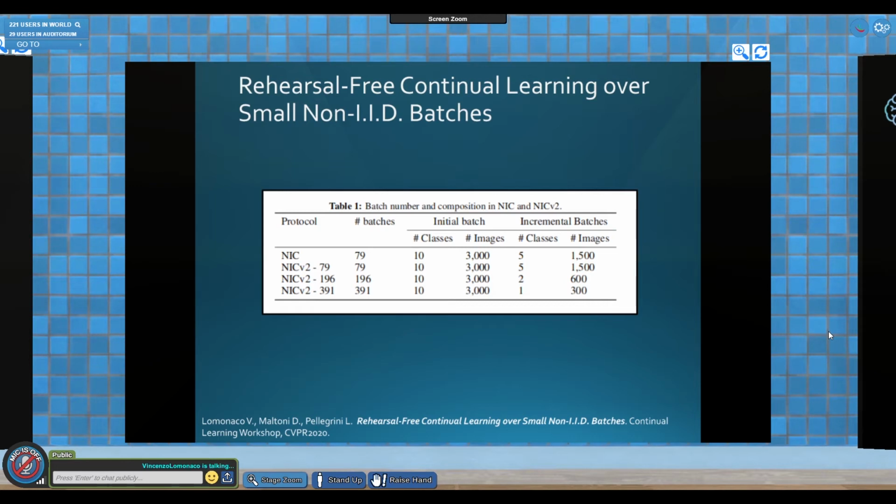So the most difficult one here is the 391 version 2 protocol with 300 images, one class only per incremental batch, so that essentially we are just taking one video session of an object smoothly moving in front of the camera, and that's the only data that you have to update your model. So it's very, very complex to work on these non-i.i.d. small batches, being able to improve our recognition capabilities while being able to tame catastrophic forgetting.